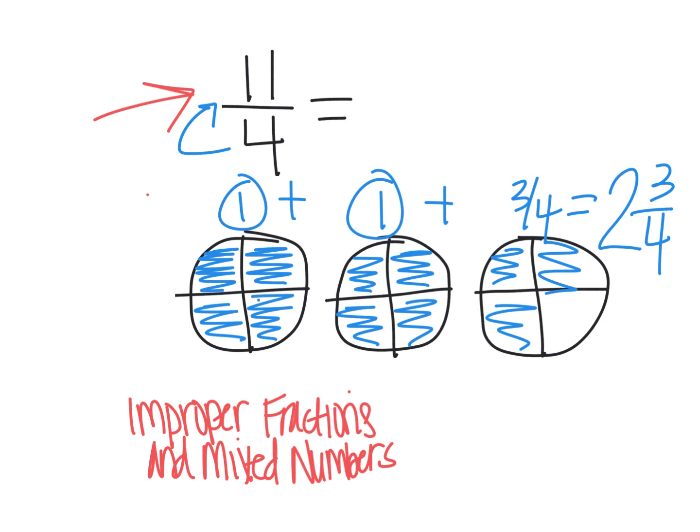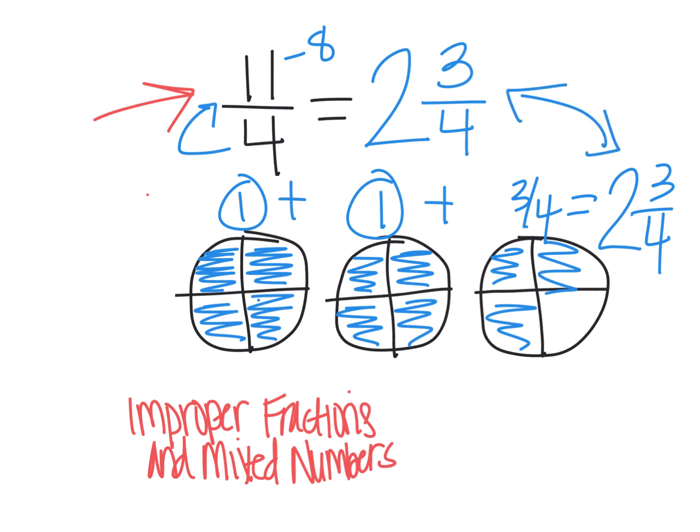So 4 goes into 11 2 full times. 4 times 2 is 8. Then we subtract that from our numerator: 11 minus 8 is 3. And then we keep our denominator the same. So we have 2 and 3 fourths, which is the same.